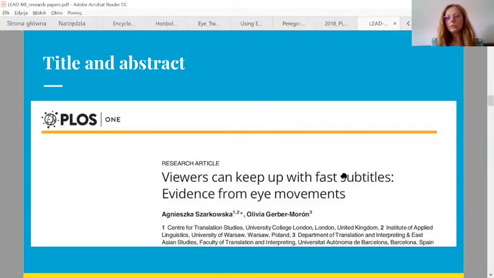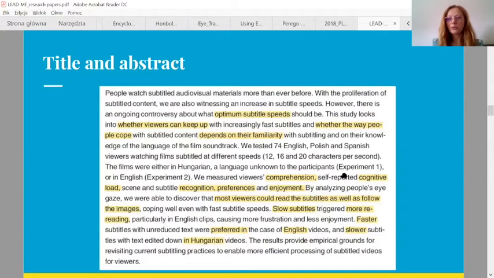But to me, this title, at least, tells me what's inside, right? To some extent. So now I will look at the abstract and see whether it's true, right? Because my assumptions may not be correct. Here we have the abstract, and I highlighted some things that I think are the most important in the abstract.